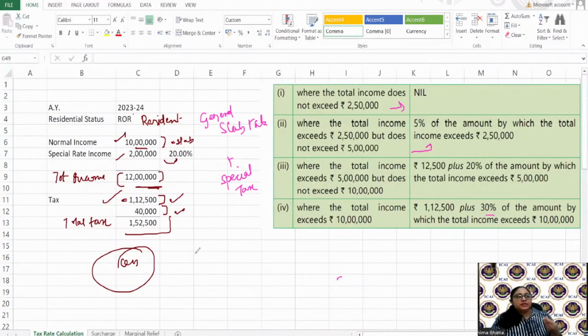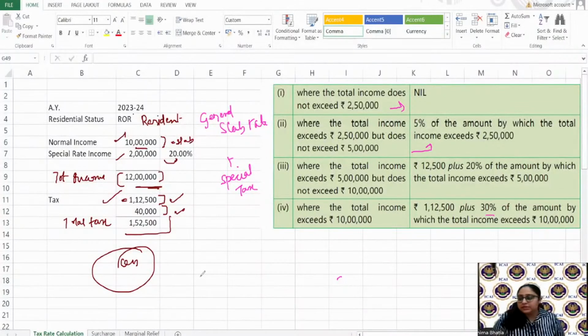Cess is an additional amount which they will take from you, an additional small charge which will go to a particular benefit. So here the cess is health and education cess. The amount from it will go to that particular section only.